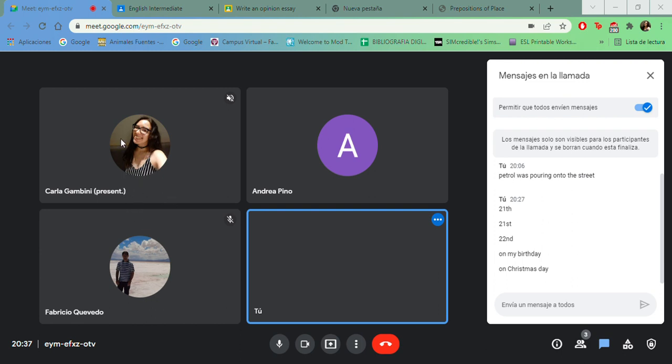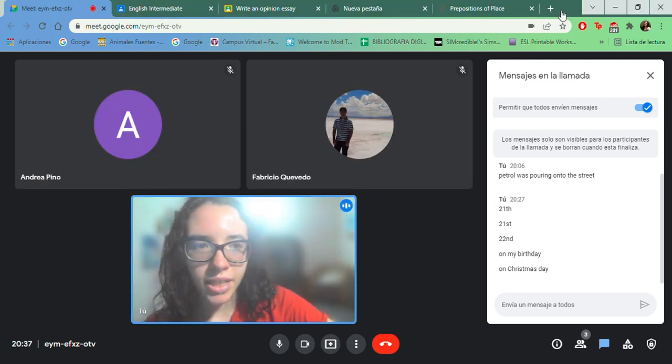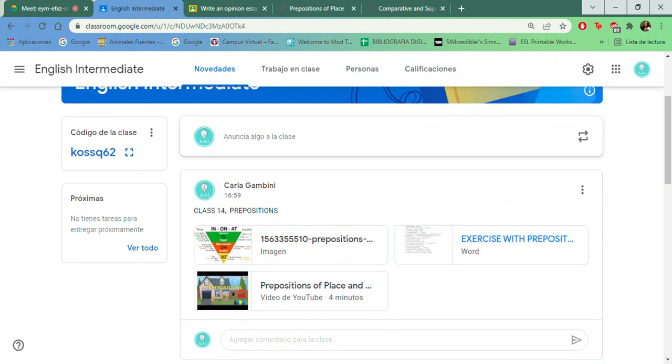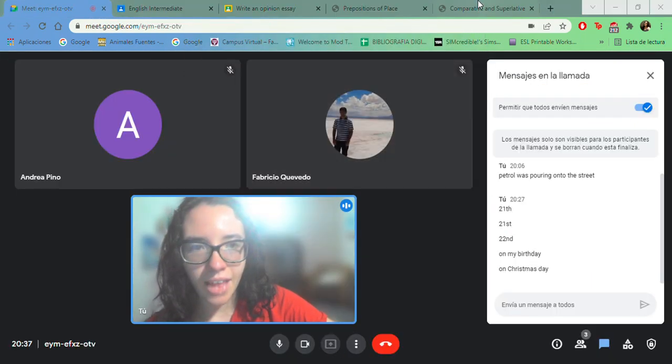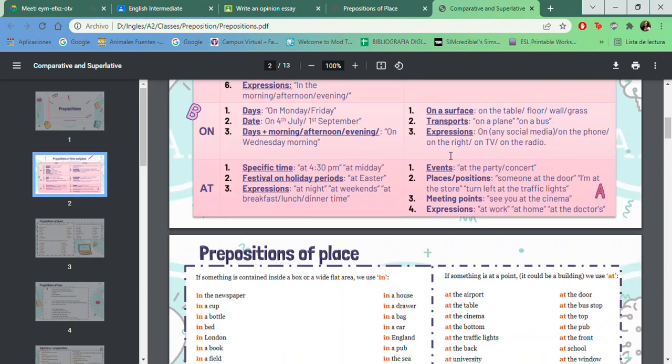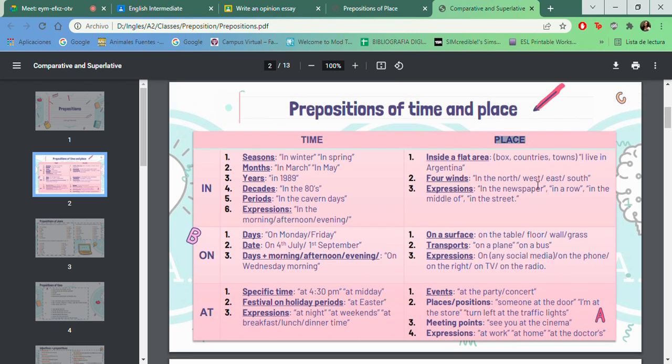Let's see. Great, so here, let me show you this. This is the same as we were talking about, but I've had this chart my whole life, about time and place prepositions.